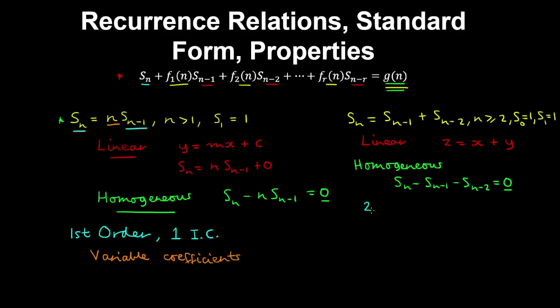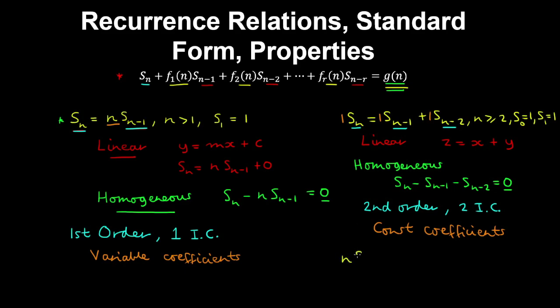And this is a second order recurrence relation because the current term depends on two previous terms, and therefore, because it's second order, it requires two initial conditions. And in this case, the equation has constant coefficients. So as you can see, the coefficients of the s terms are 1.